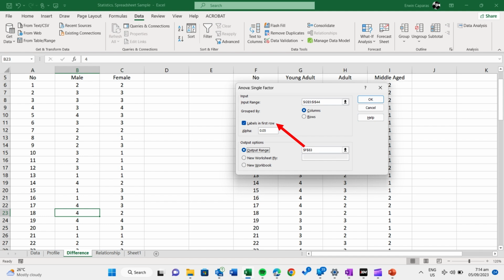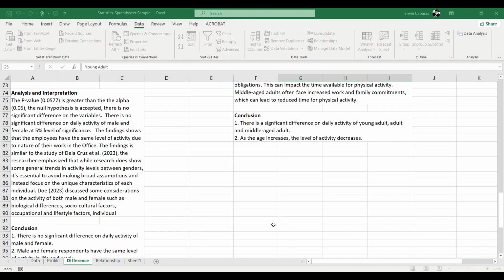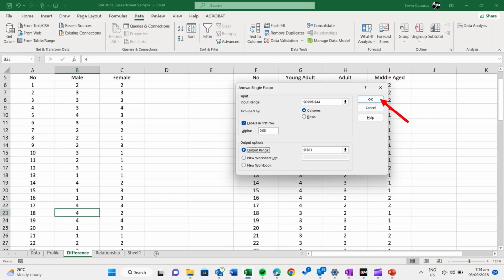Since we have highlighted including the labels, we check Labels in First Row. Then we have the output range, you click it, and then kung saan mo gustong ilagay yung table mo, let's say dito muna sa ilalim, and then we click OK.